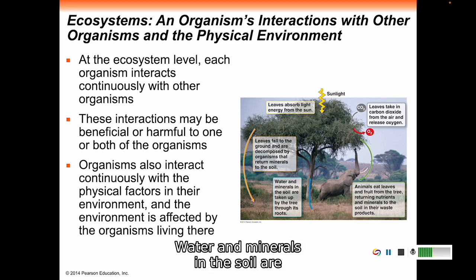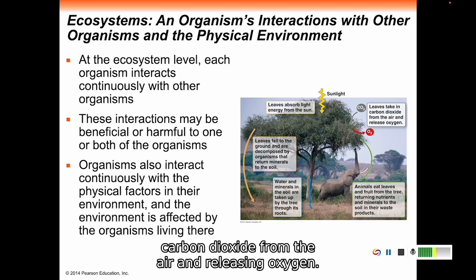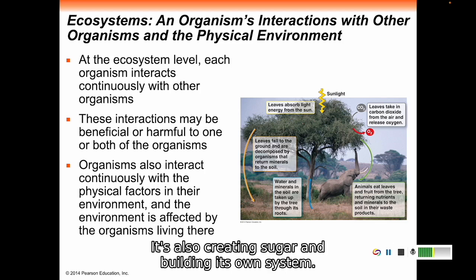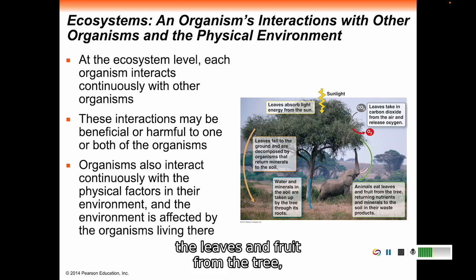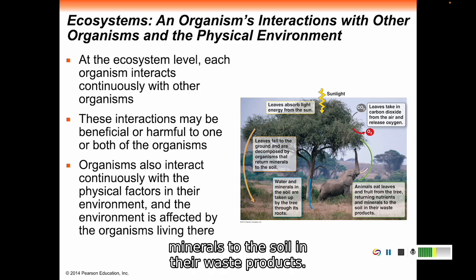Water and minerals in the soil are taken up by the tree through its roots. As a plant is taking in carbon dioxide from the air and releasing oxygen, it is creating oxygen that we're able to breathe. It's also creating sugar and building its own system. And animals are able to eat the leaves and fruit from the tree, which returns nutrients and minerals to the soil in their waste products.